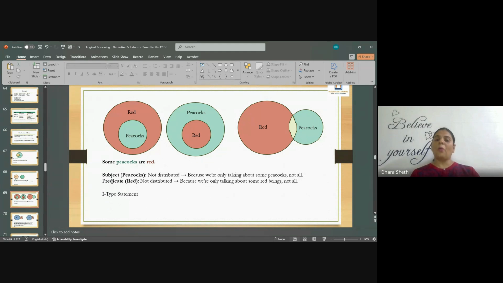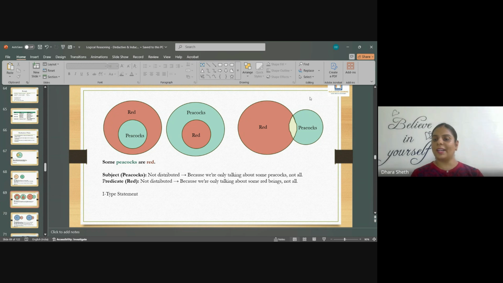Now, when it comes to how to solve questions or how to create Venn diagrams from such statements, there are three possibilities while solving logical reasoning questions based on the statement that some peacocks are red.